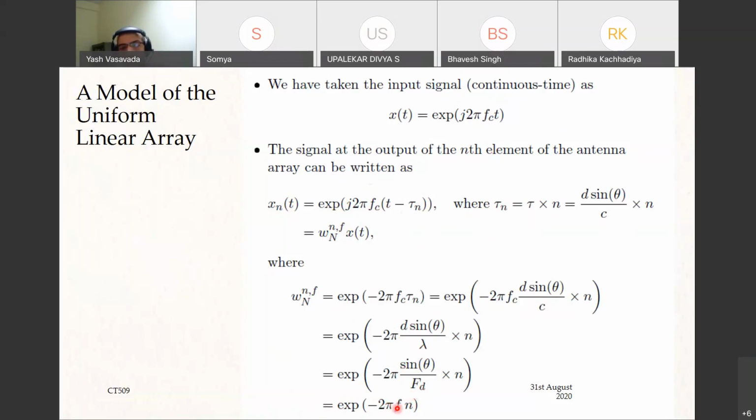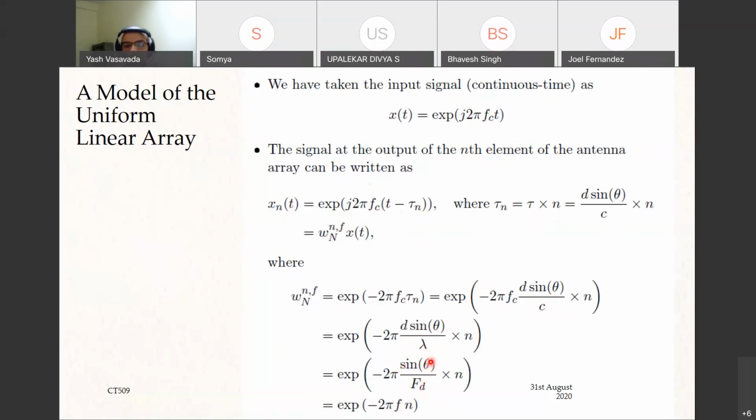How did we formulate small f earlier? Yes, capital F divided by fs. What is capital F? The analog frequency in continuous time, analog frequency in hertz, and fs is the sampling rate. So here our small f is sort of like that.